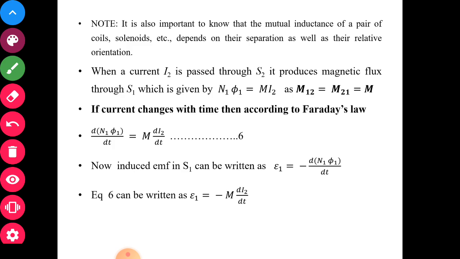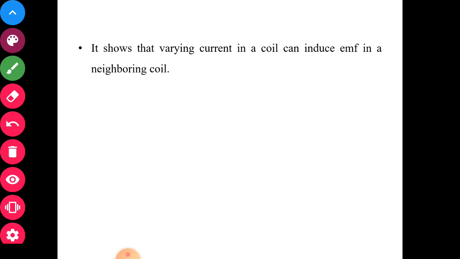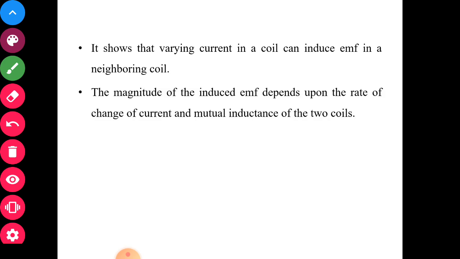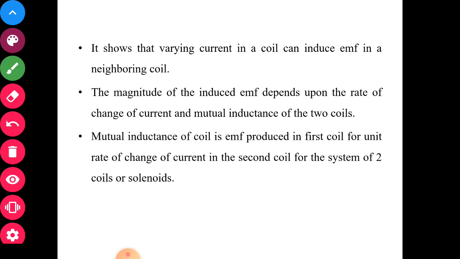This equation number 6 can be written as E1 is equal to minus M dI2/dt. It shows that a varying current in the coil can induce electromotive force in the neighboring coil. The magnitude of the induced EMF depends upon the rate of change of current and the mutual inductance of the two coils. How fast you are changing the current, on that the magnitude of the induced EMF depends. It also depends on the mutual inductance of the system.